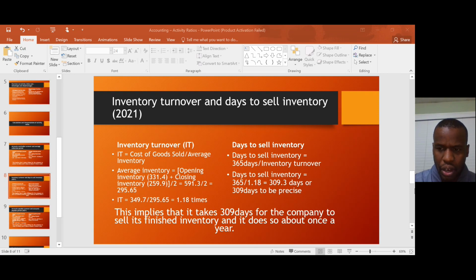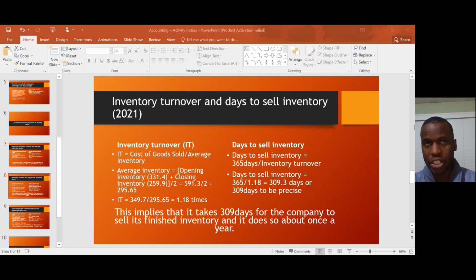349.7. Now, this particular question gave us the inventory of finished goods, which was 331.4 for 2020 and 259.9 for 2021. Now, because this is a manufacturing company, not all inventory is for sale.